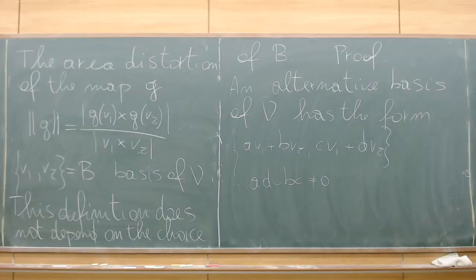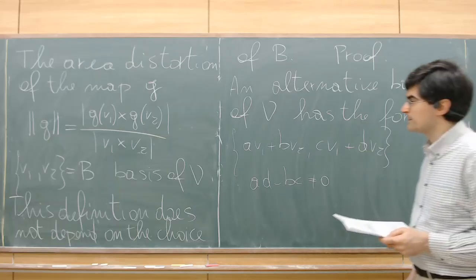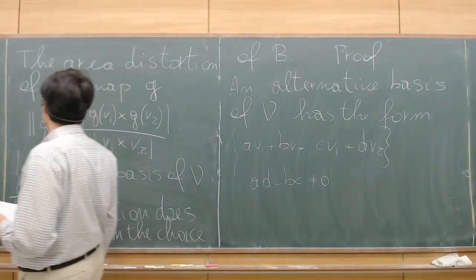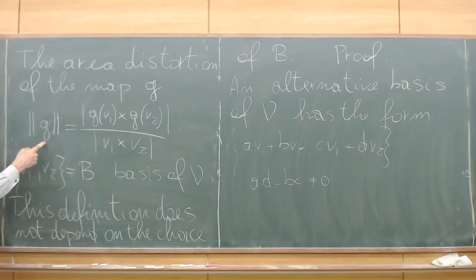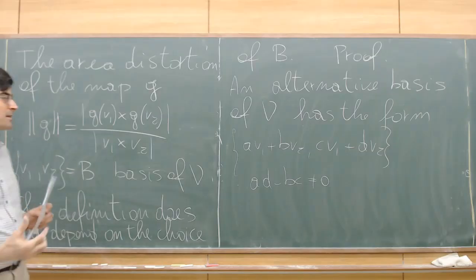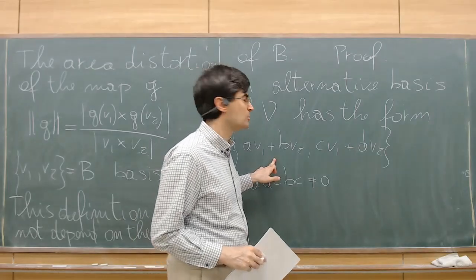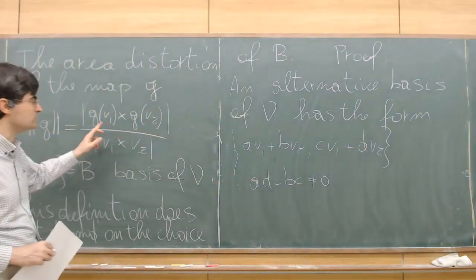and generators. Now, what happens if we compute the area distortion of G using these two vectors instead of V1 and V2?